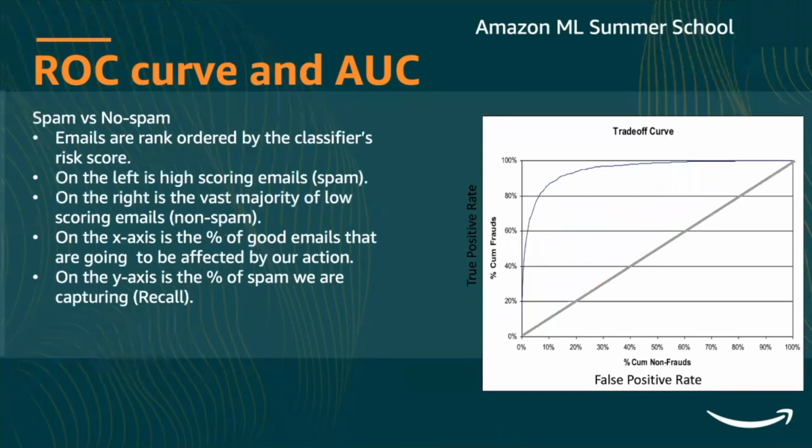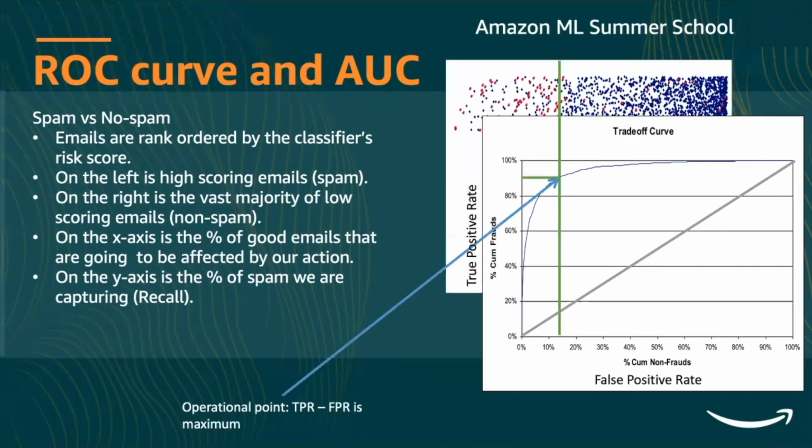So consider the problem of classifying a mail as spam versus no spam. Assume that the emails are ranked by the classifier risk score. On the left are high scoring mails, which should be classified as spam, and on the right are the low risk or low probability mails, which should be classified as no spam.